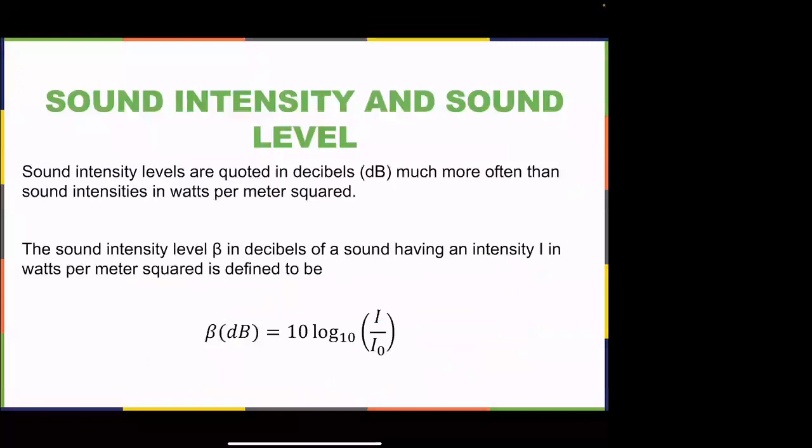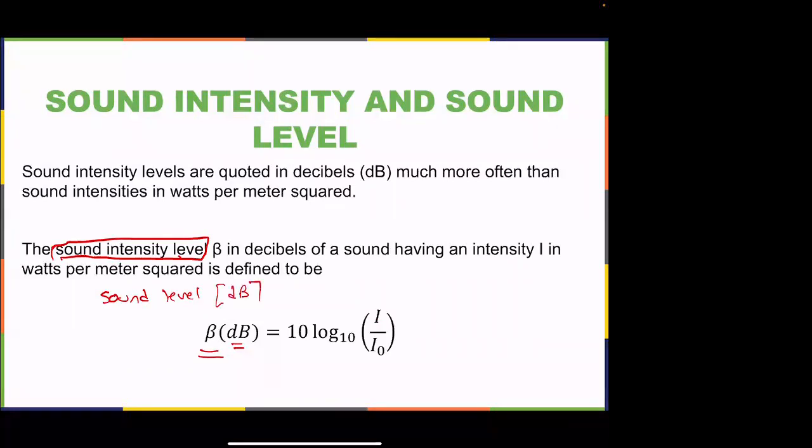How we determine how bad it is for your ears, this is beta. Beta is your sound intensity level. It has that word intensity in there, so it gets confusing, but it's essentially your sound level. It's measured in decibels, that's the units.